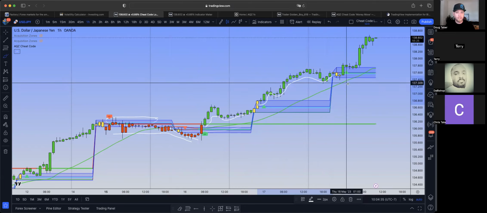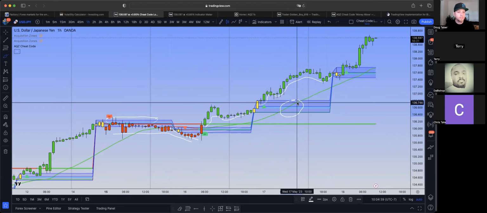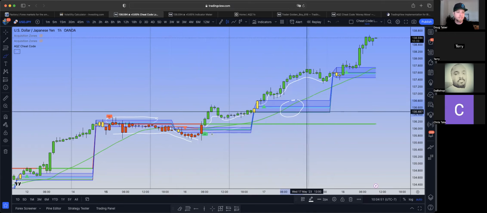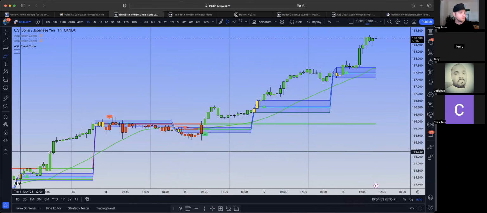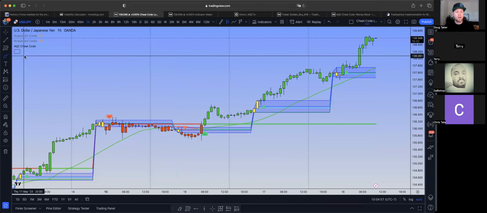Okay. And the AQZ block acts as an equilibrium in the market. Price gets trapped. And if price is going to go above that, we're potentially looking to buy. If it goes below that, we're potentially looking to sell. So AQZ cheat code is an excellent way to move in the markets, guys. Okay.